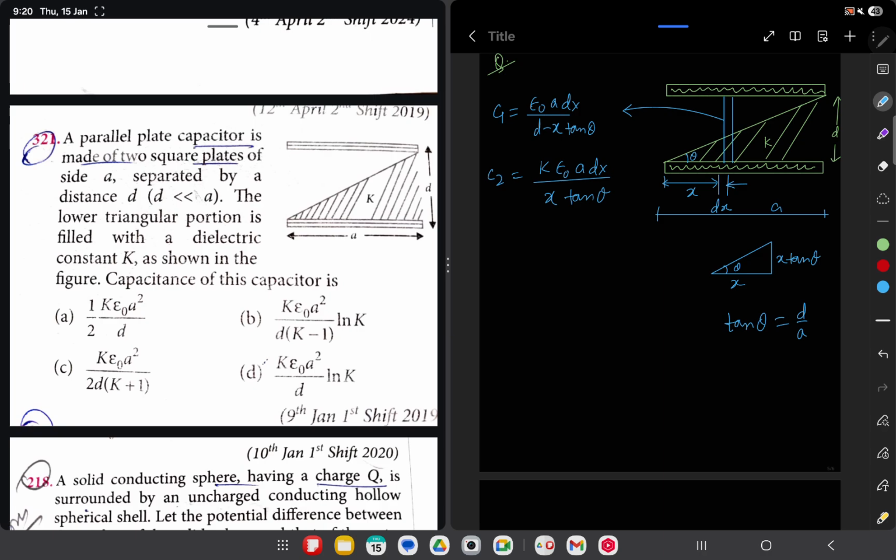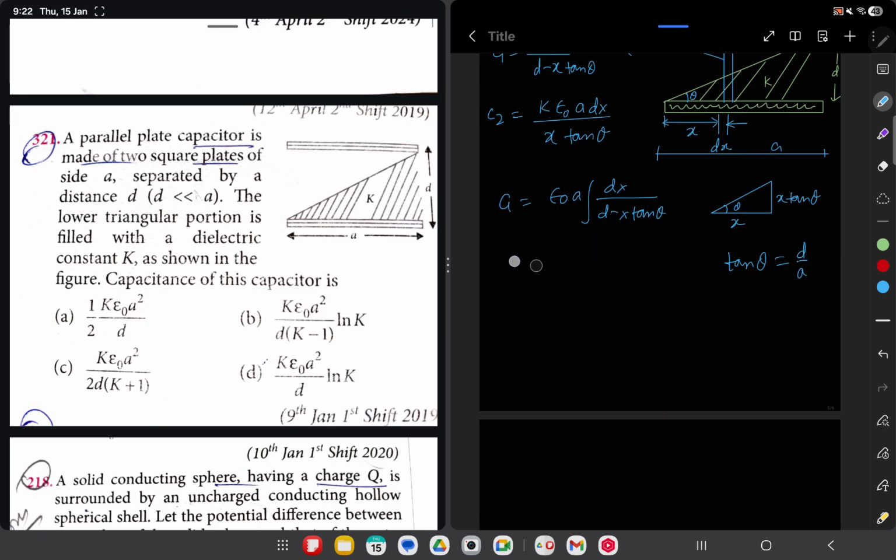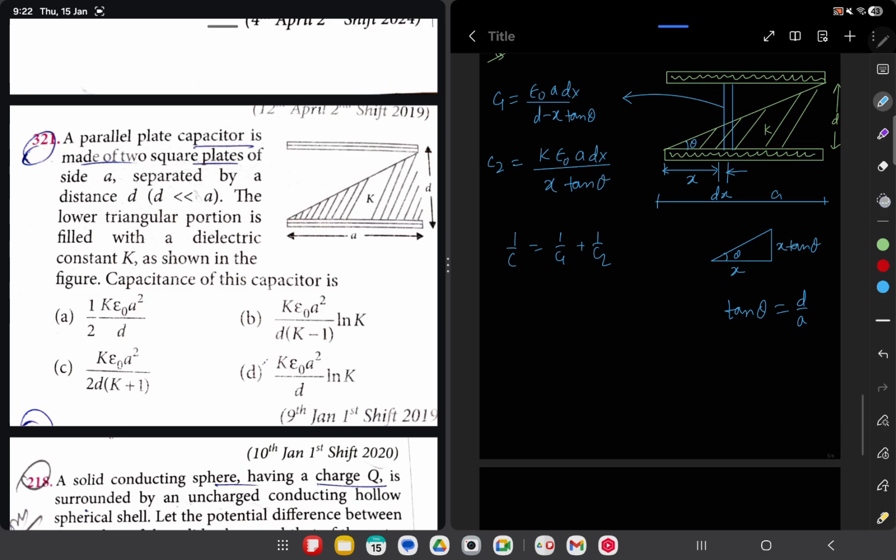This will be c1 and c2. Area will be a into dx. Now these are in series, that means 1 by c equal to 1 by c1 plus 1 by c2. 1 by c1 is this much, plus 1 by c2 is this much.